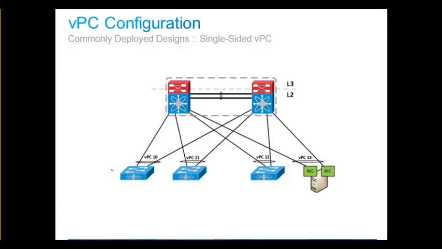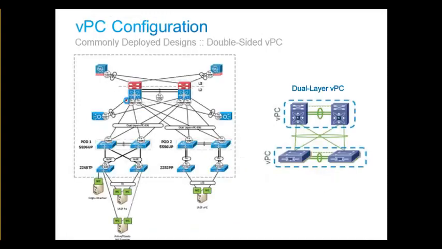So after you understand this vPC, the theory as well as the configuration part, I'll be showing you the difference between vPC and VSS. But VSS is somewhat similar. It helps us to do port channeling between three devices. VSS also does the same.